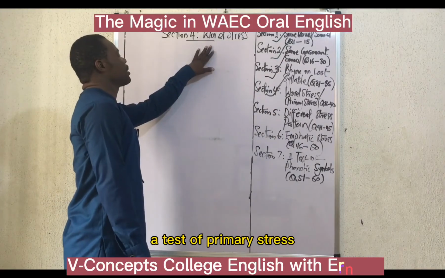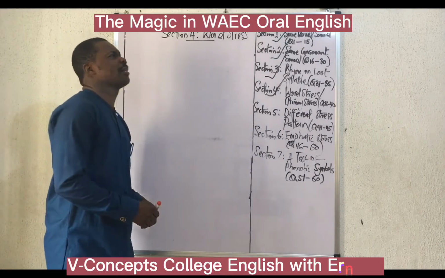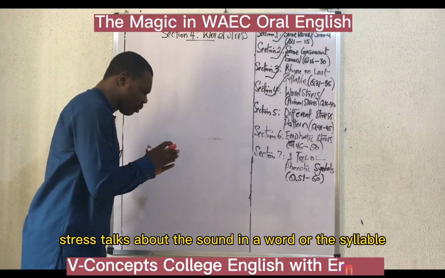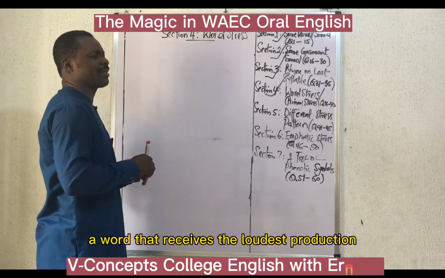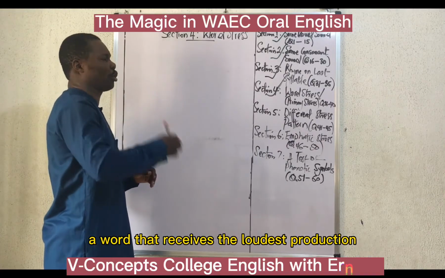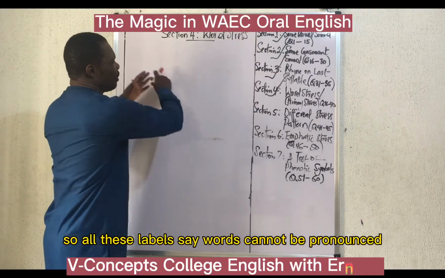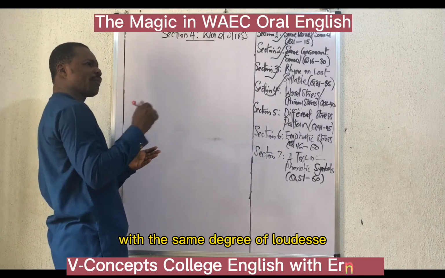Now let's go over to section 4. Section 4, a test of primary stress. What is stress? Stress talks about the sound in a word or the syllable in a word that receives the loudest production, or that is pronounced the loudest. So all the syllables in a word cannot be pronounced with the same degree of loudness.